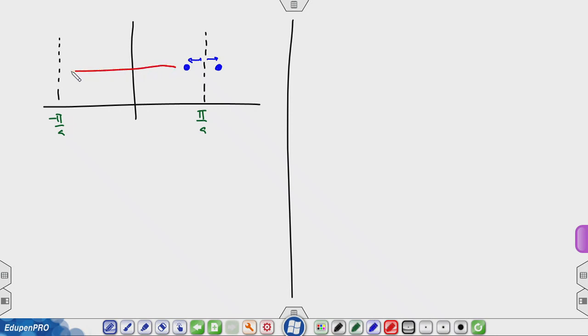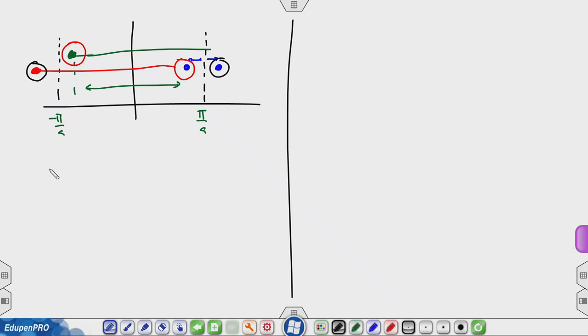Corresponding to this, the k out here was this, and corresponding to the right one, the k out here is this. This energy is the same as this one. Let me just encircle them. This energy is the same as this one, and this energy is the same as this one.